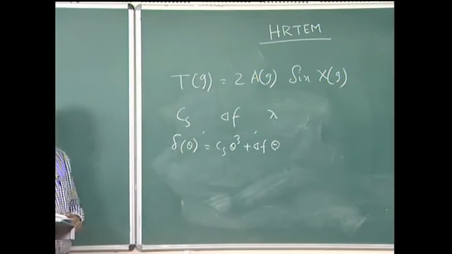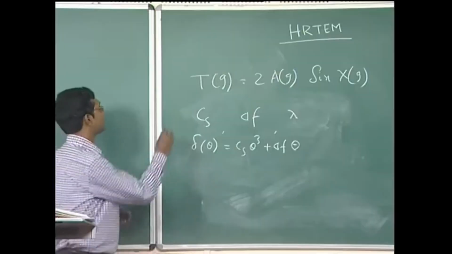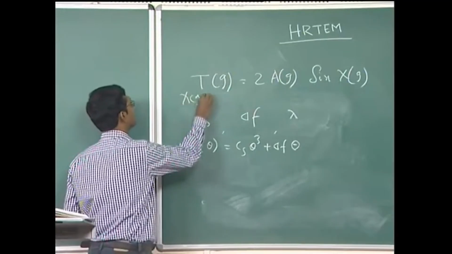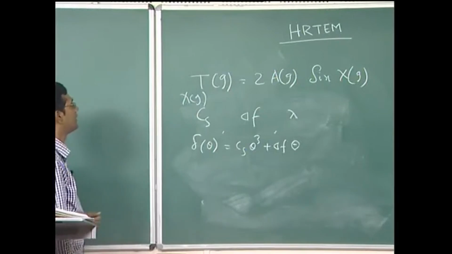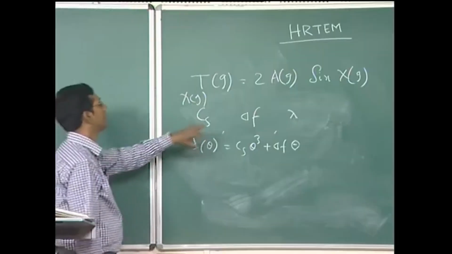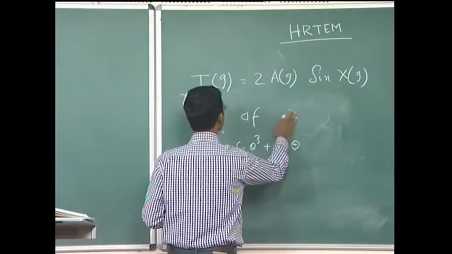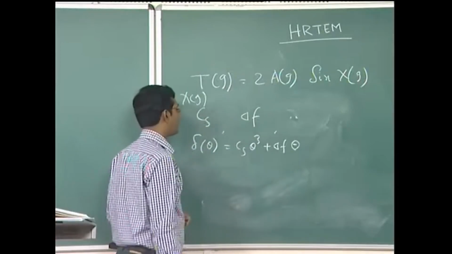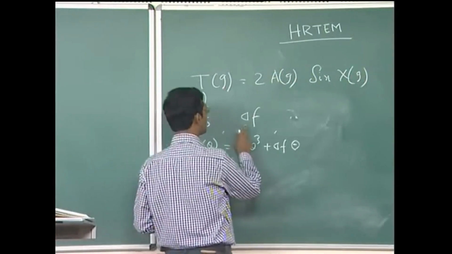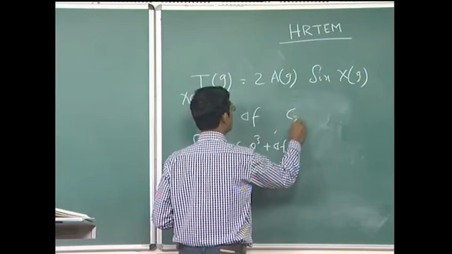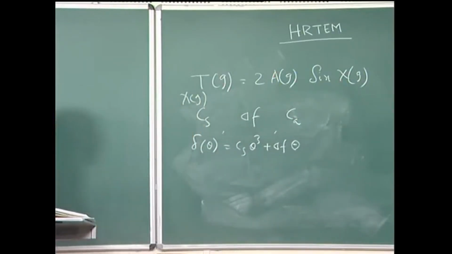As I said, this function, the transfer function, depends on three aspects: Cs, the spherical aberration constant, the defocus of the objective lens, and the astigmatism of the objective lens.